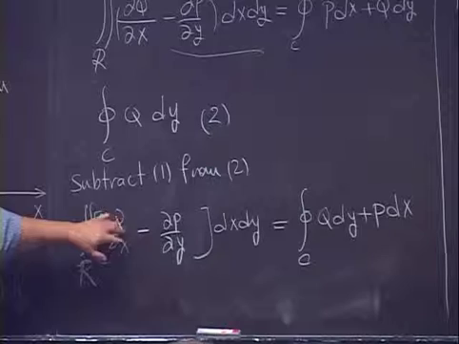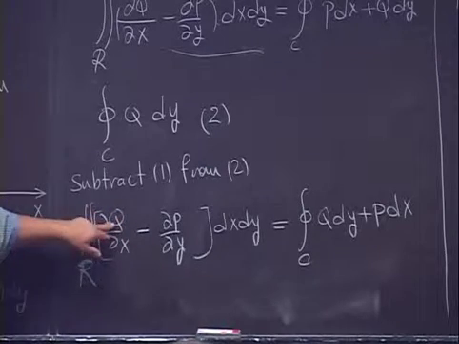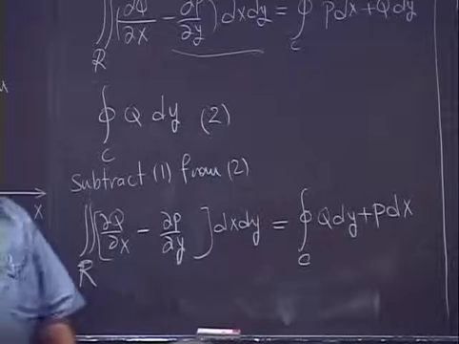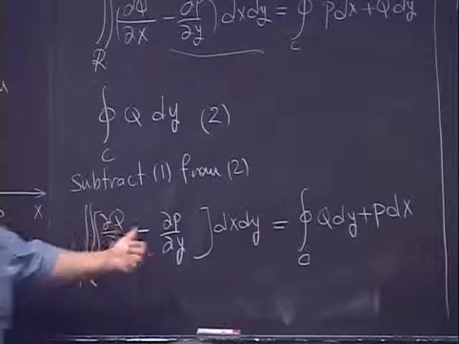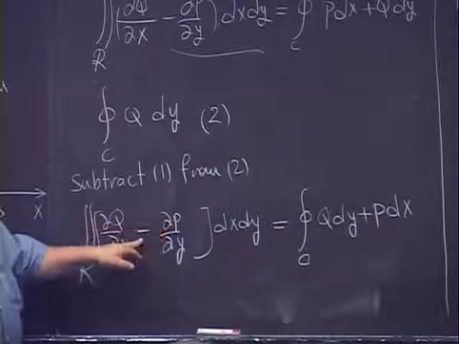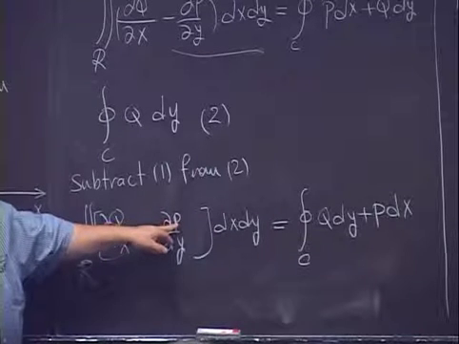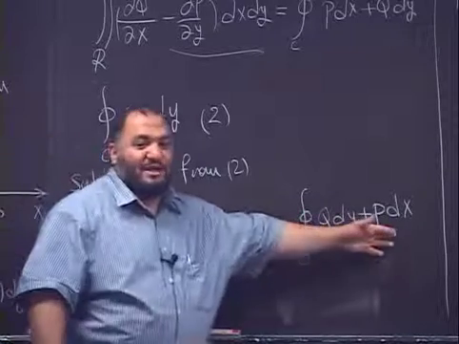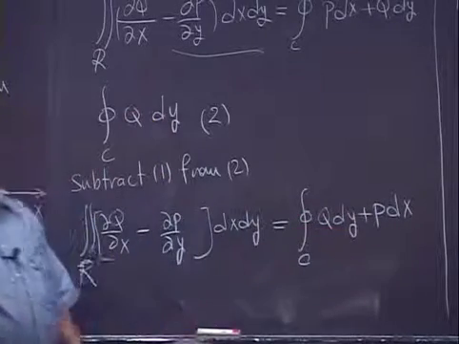But the same function without differentiation, Q, is multiplied by the opposite, so it will be y. So dQ by dx, same function multiplied by dy, and then minus sign here. The other function is P, so dP by dy, it will be P multiplied by x, but plus sign. Easy way to memorize. Yes.